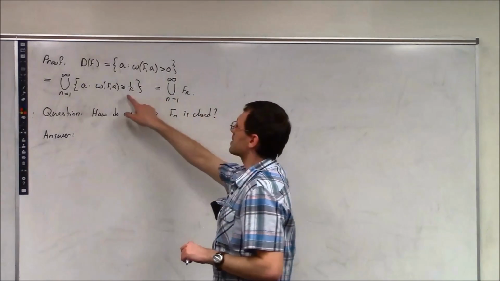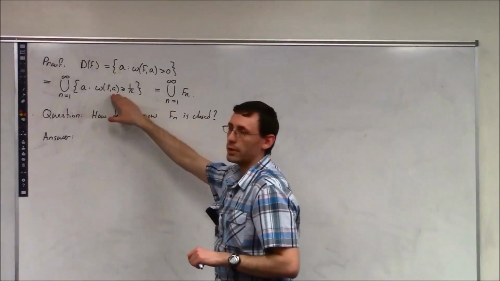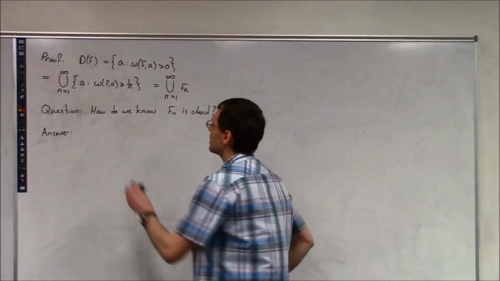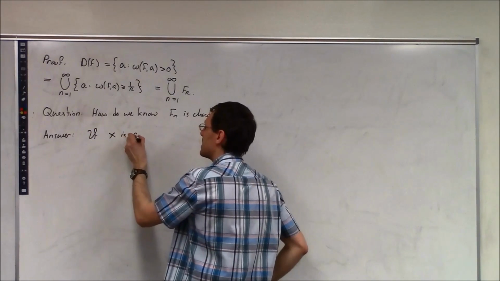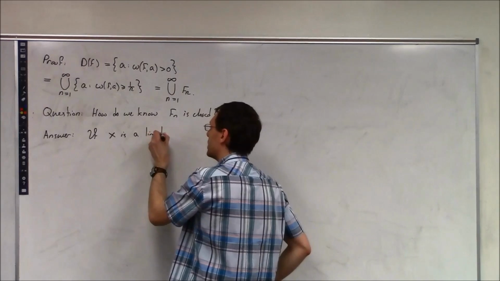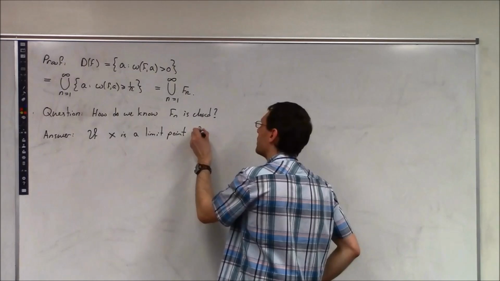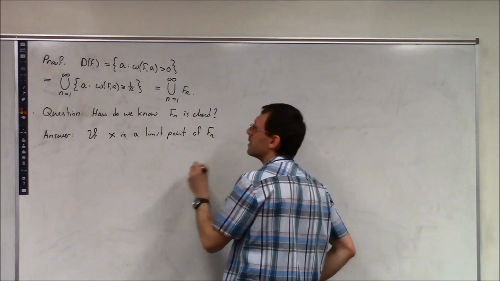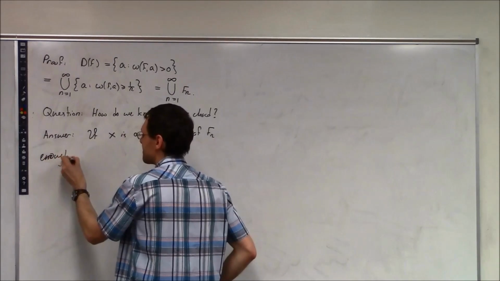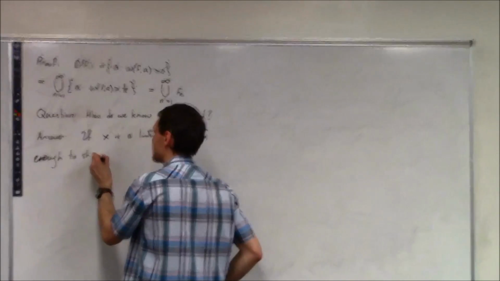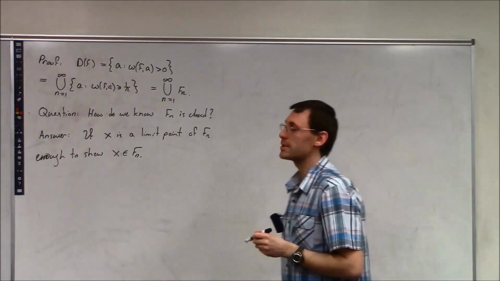If this set is closed, then in particular, if I have a limit point for that set, so if x is a limit point of Fn, it is enough to show x is an element of Fn. So it has to contain all its limit points.